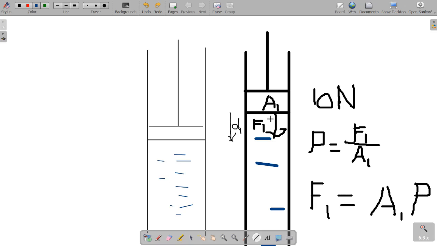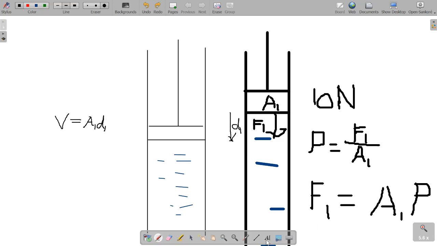However, you must note that since liquids cannot be compressed, the volume of water must remain the same. So here the volume is equal to A1 D1, base area times the height.